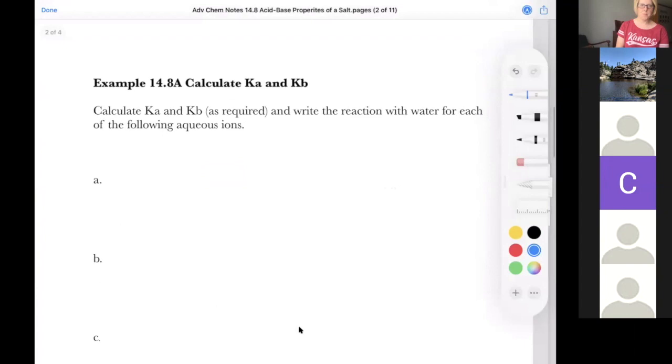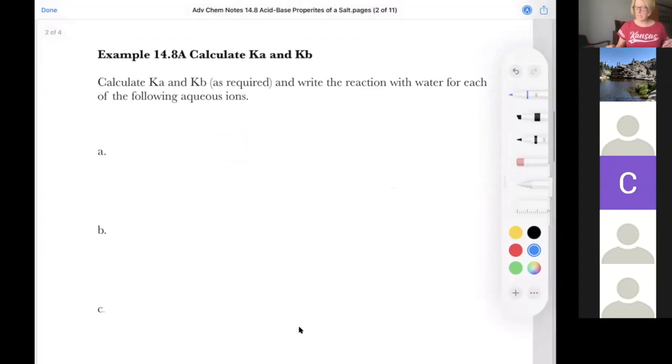First of all, let's practice calculating Ka and Kb as required. We're also going to write out the reactions for the ions that we see here. I got tired of typing superscripts and subscripts, so I'm just going to write them here. The first one we're going to work on is NO2 negative, the one that we just looked at.